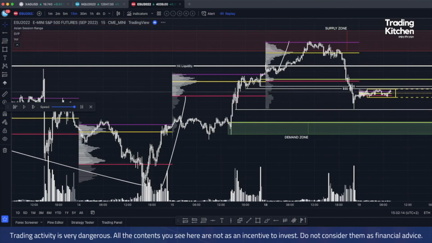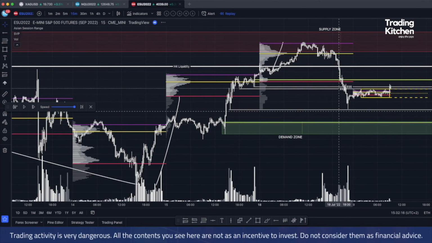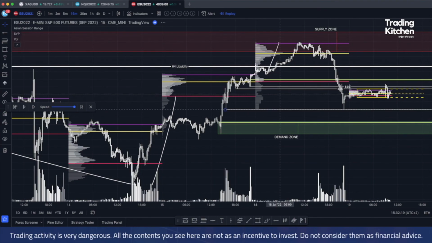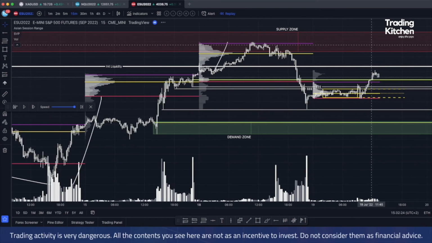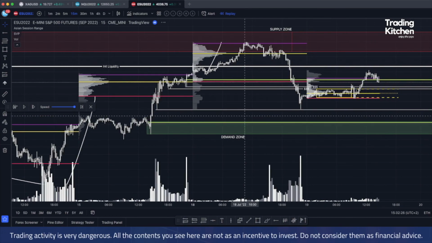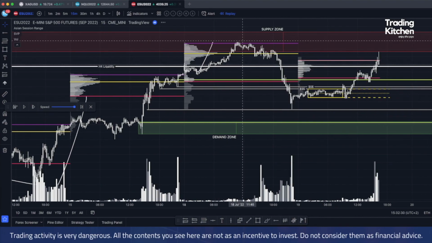It got the liquidity here. Why not just below this level? I don't know, to be honest, but maybe let's wait and it's going to grab here. But as you can see, price goes up until this zone.